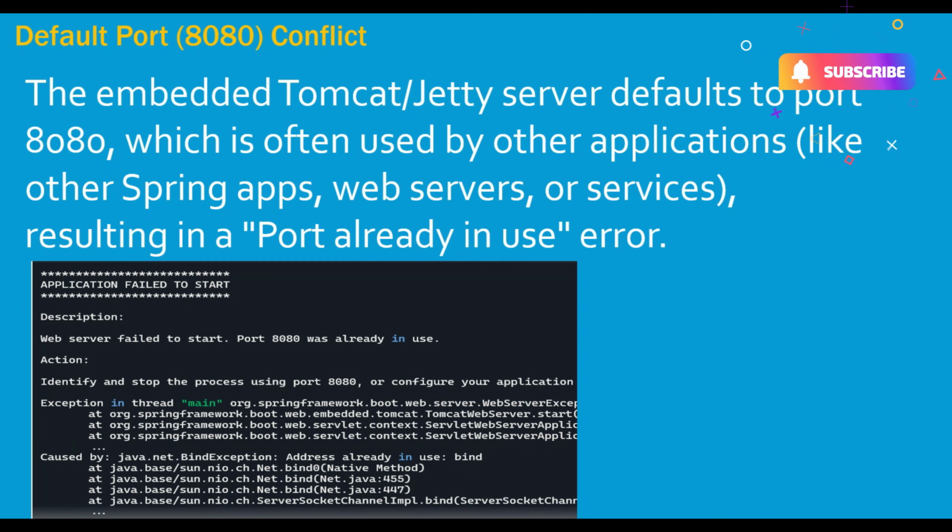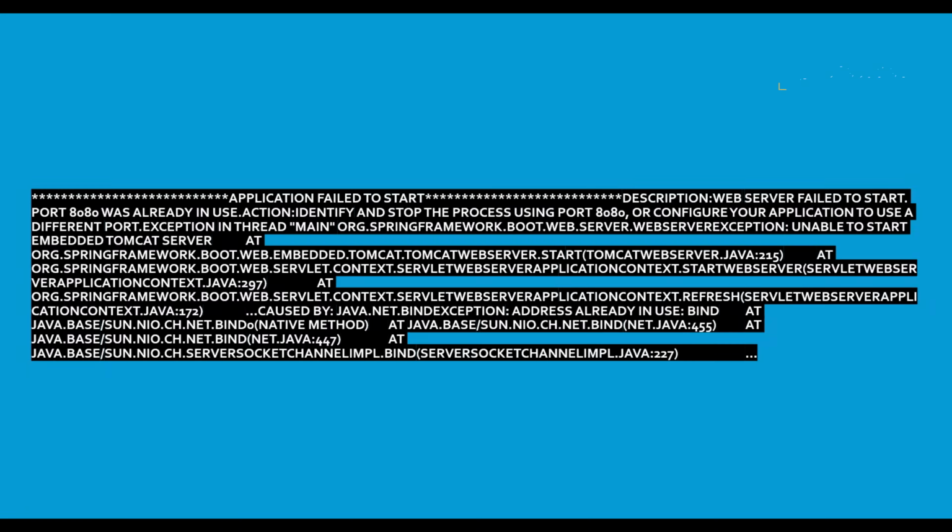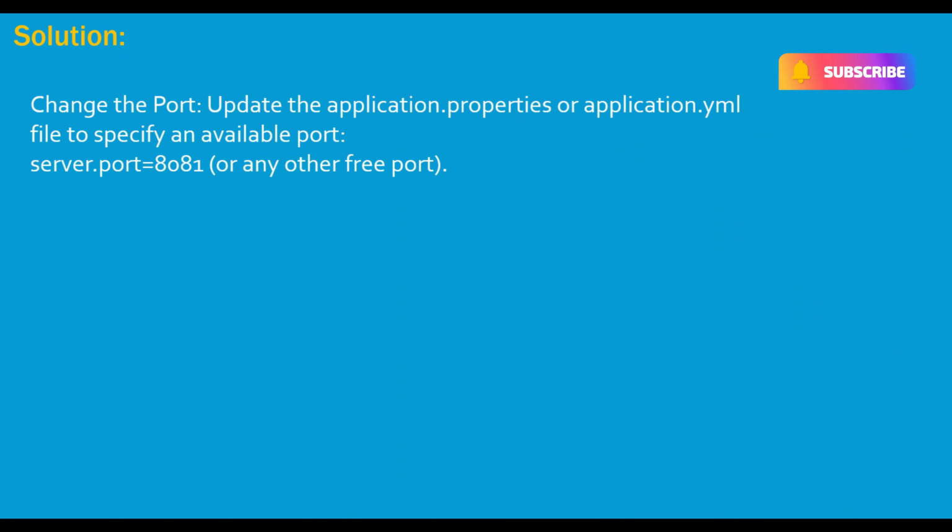So it might happen that when you try to start your application, that port is already occupied by another application, and then you might get this error saying the port is already occupied, try to use a different port. You have to just change that port.